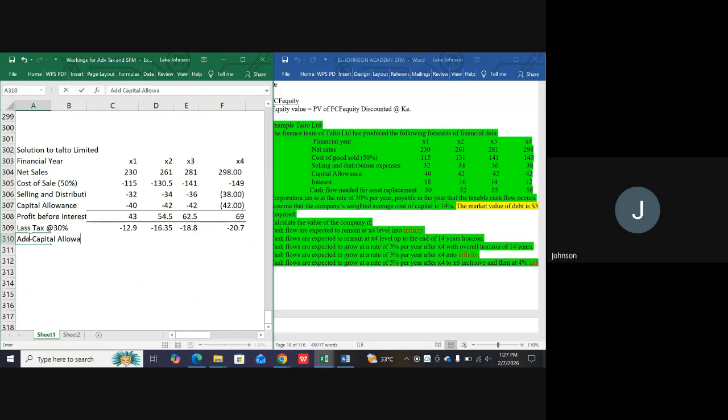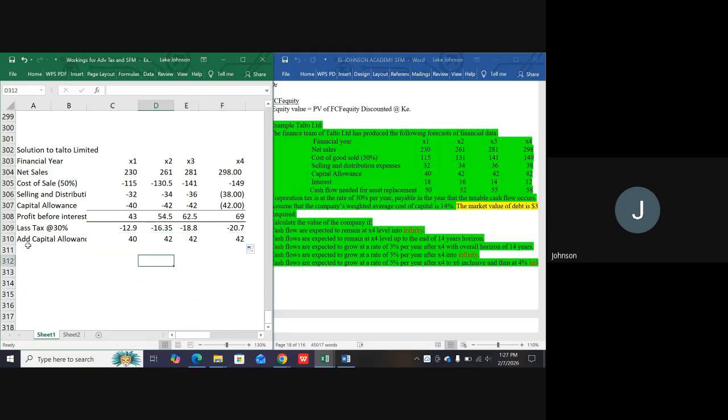So we now say equal to this times -1 to make it positive. Yeah, so we're adding back all these things. Then we drag like this. Okay, so fine. We have been able to add back our capital allowance.